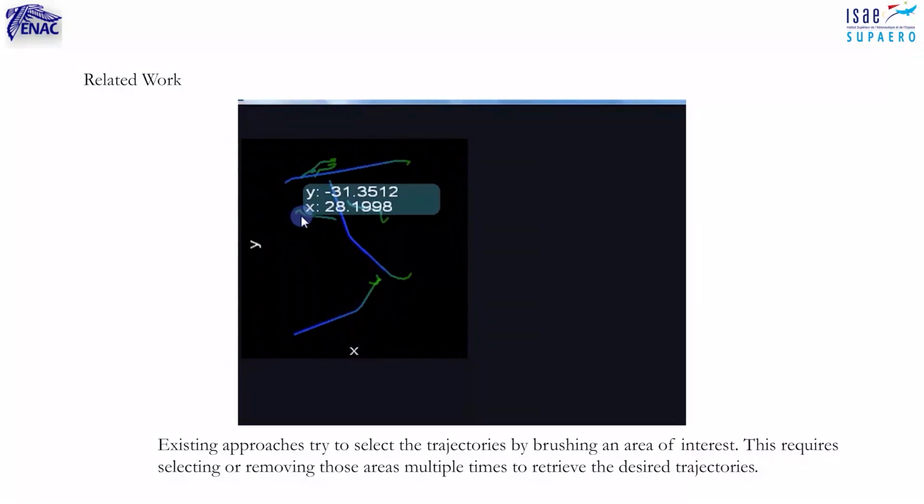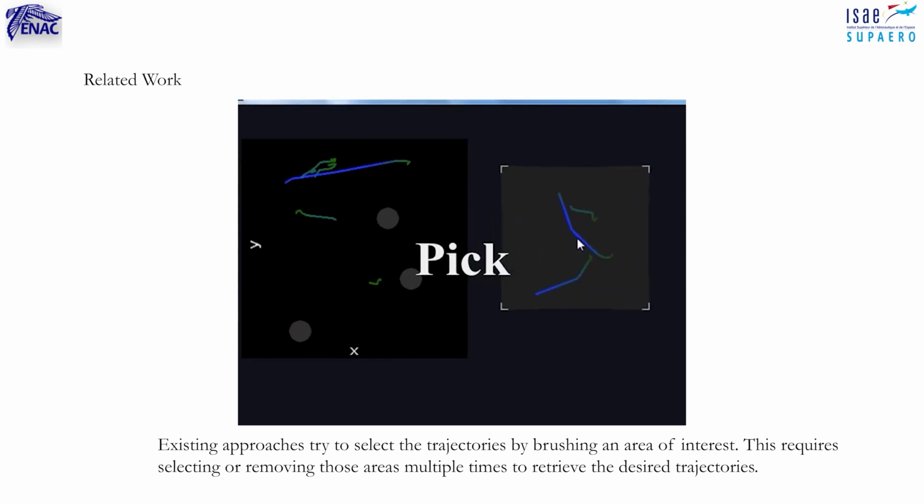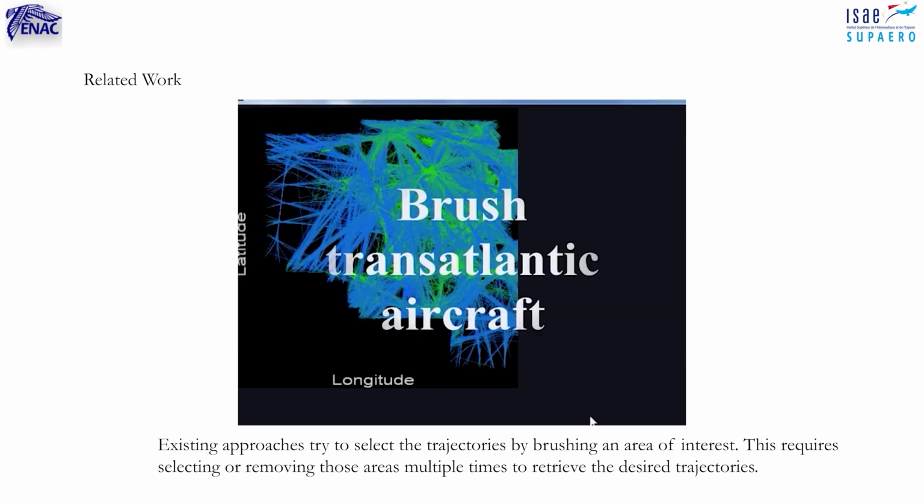Here are examples of existing approaches. Some works try to select multiple items by brushing an area. The obtained items can then be removed or placed in another view, specifically designed for this purpose.